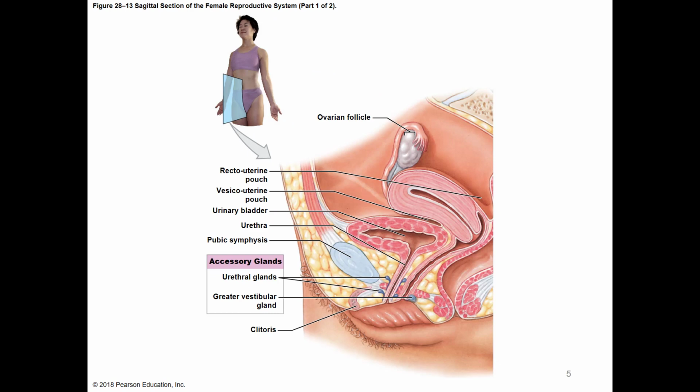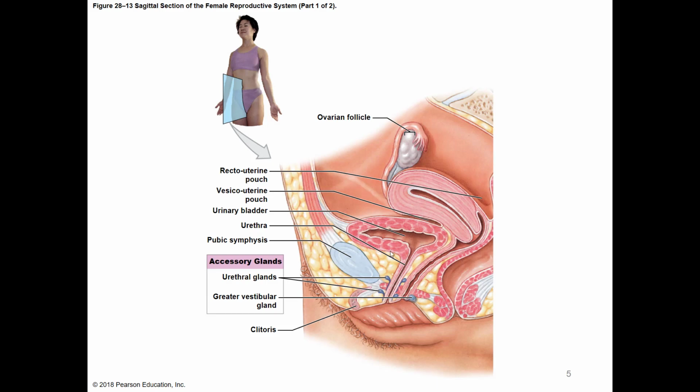So looking at the overall cross-section through the female reproductive system, one of the first things I want to point out is that the reproductive system of the female, unlike the reproductive system of the male, does not share anything with the urinary system. If you recall, in the male, the urethra is used for urination and also ejaculation.